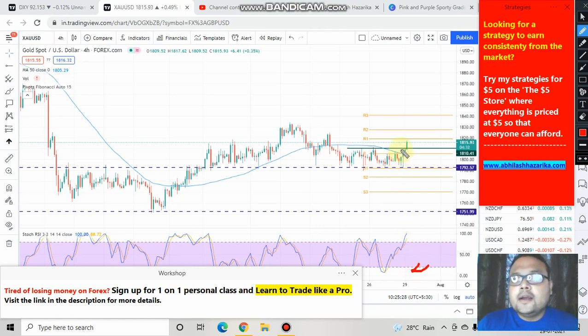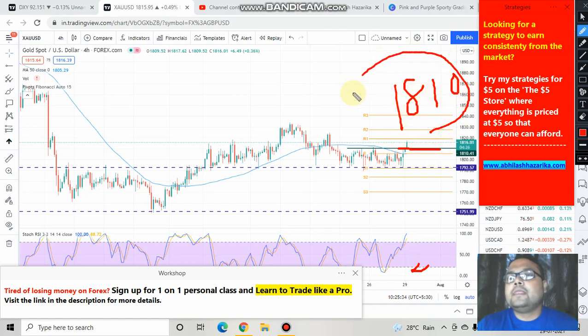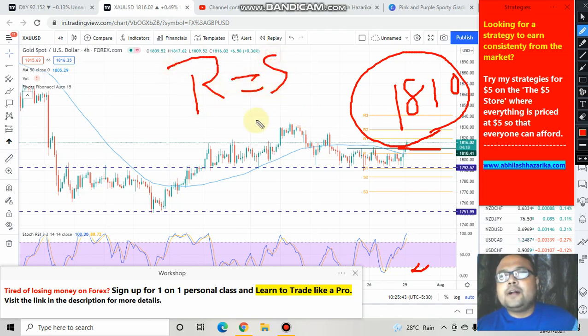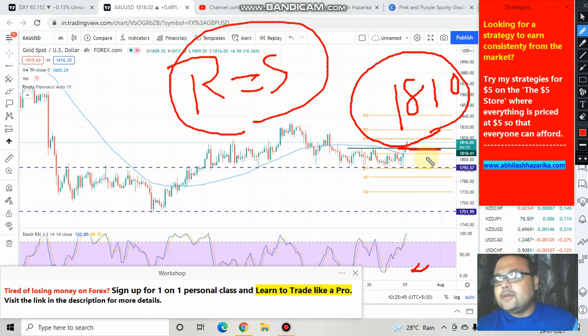If you find the market taking support at the 1810 level, then you'll get the clear indication that yes, the resistance has become the support again, and you can go for a buy.